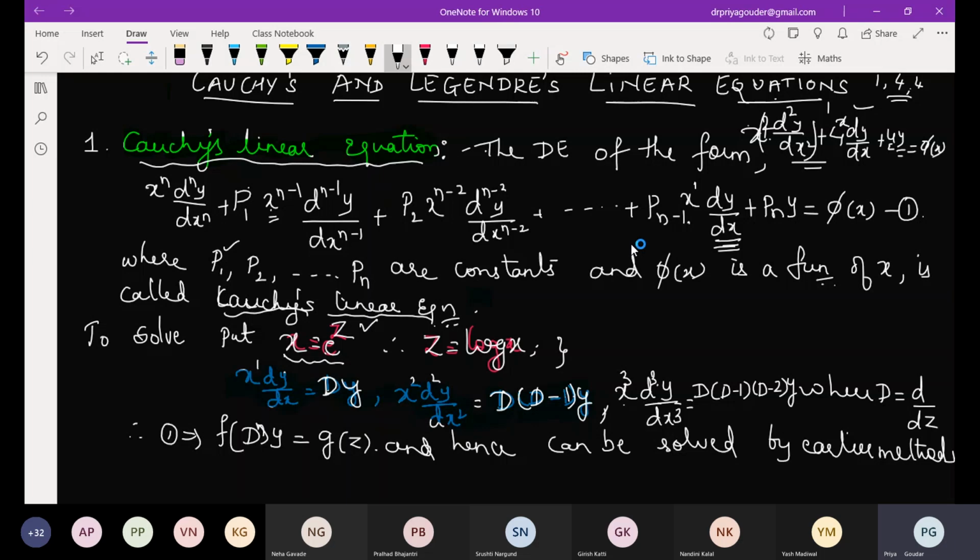The main important thing here: capital D is not d by dx, it is d by dz. This is the only change. Now you can see, what is the coefficient of dy by dx, on the LHS part? Variable or constant?